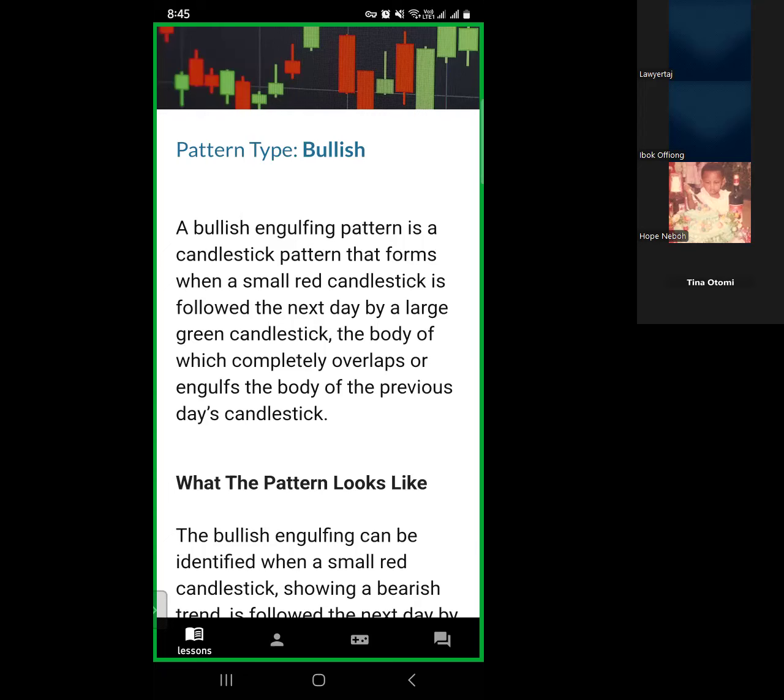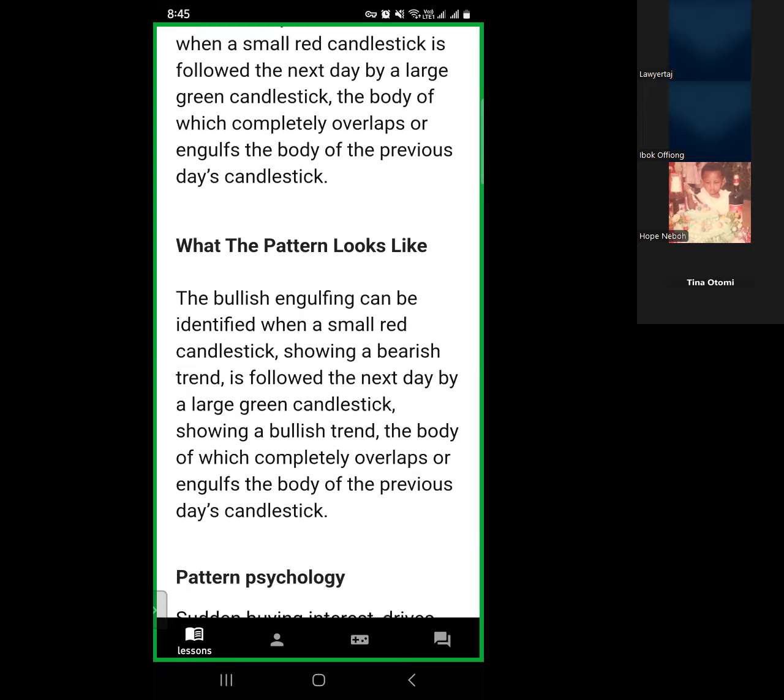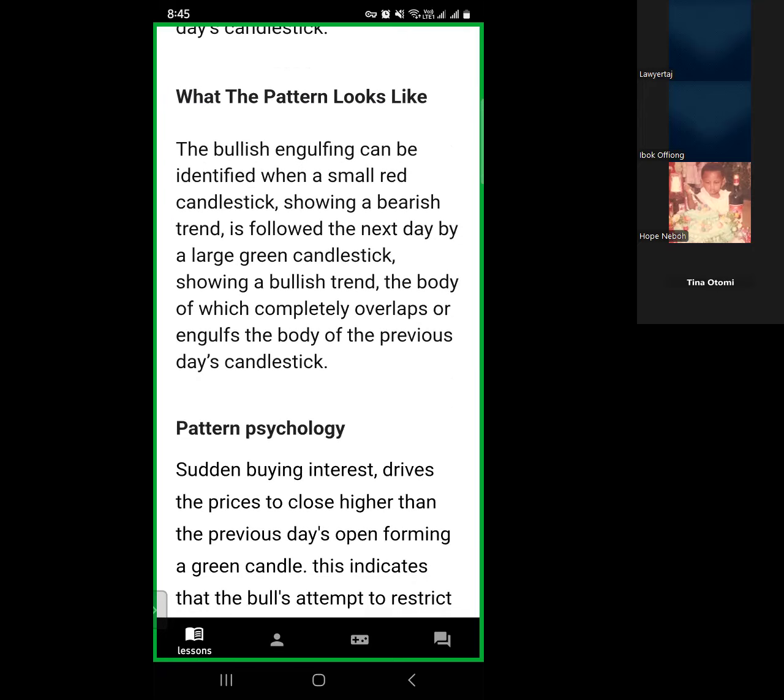The second candle must completely overlap or engulf the body of the previous day's candle. What does the pattern look like? The bullish engulfing can be identified when a small red candlestick showing a bearish trend is followed the next day by a large green candlestick showing a bullish trend, the body of which completely overlaps or engulfs the body of the previous day's candlestick.